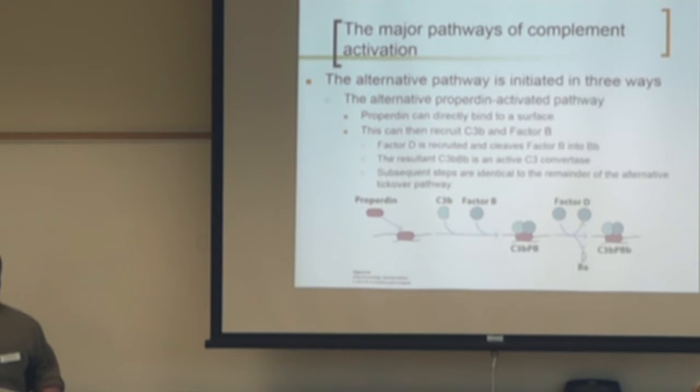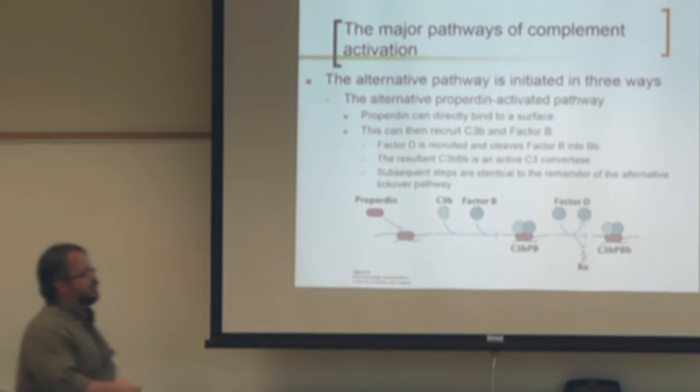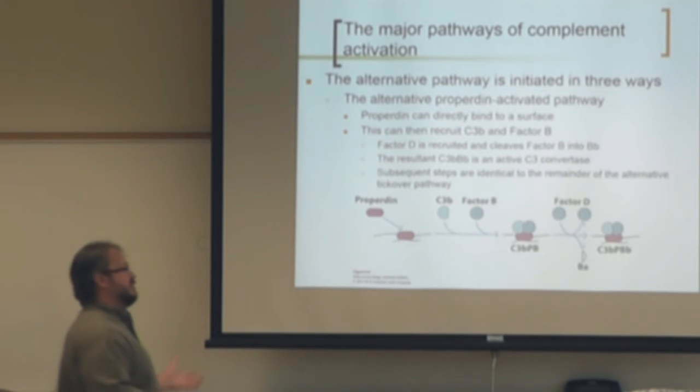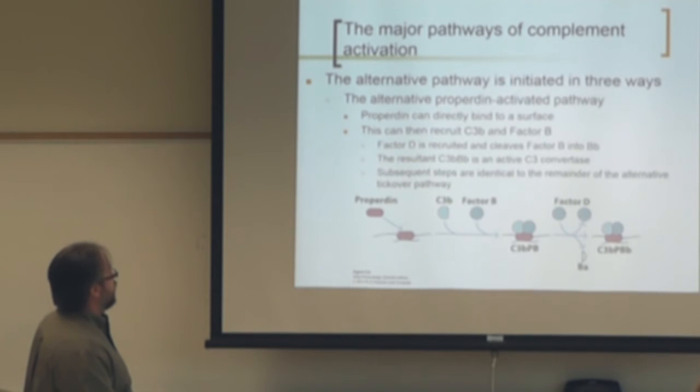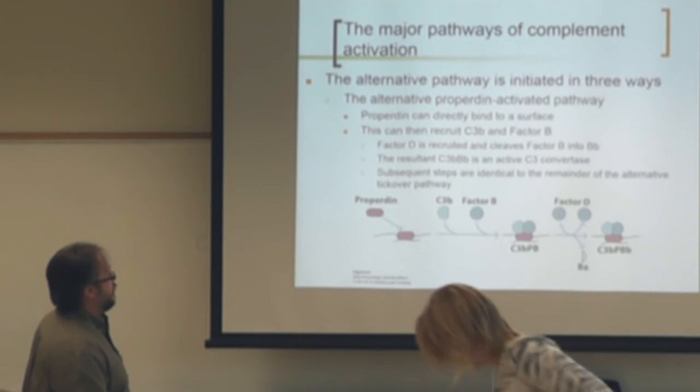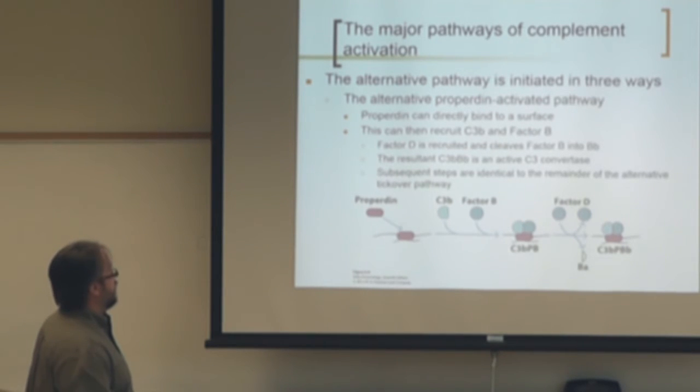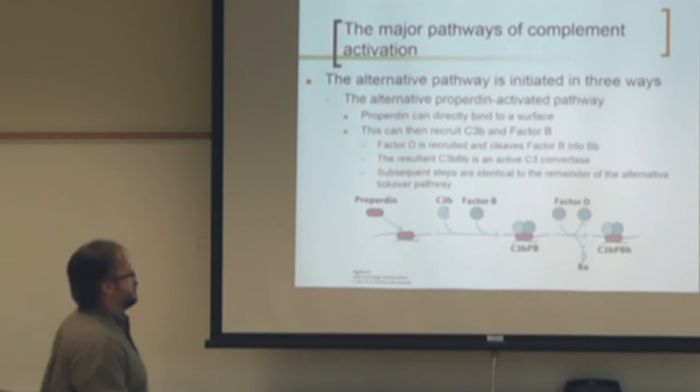Bless you. So this is another. It can either bind and then properdin comes and stabilizes it, or properdin, or factor P, will bind to a cell. It can directly bind to a surface. This can then recruit C3b, which is going to naturally form in factor B. Again, these are naturally forming, not triggered by anything in particular.